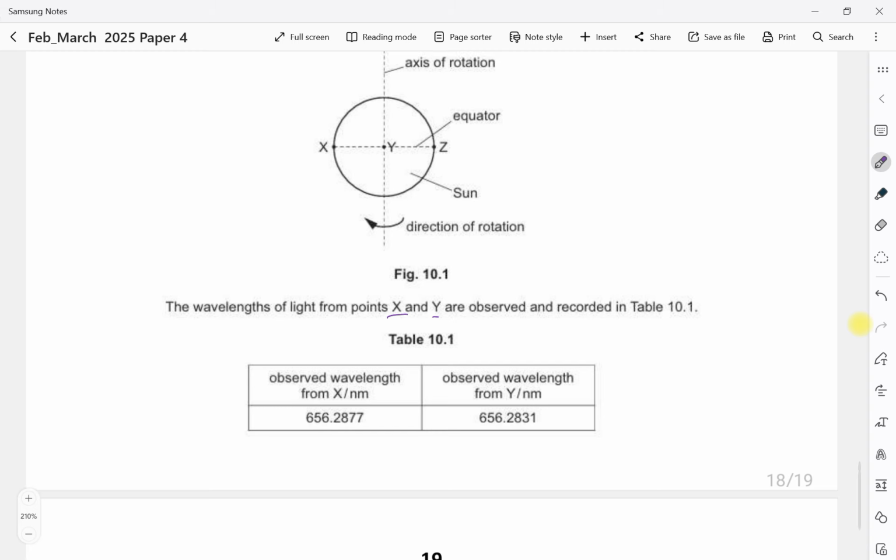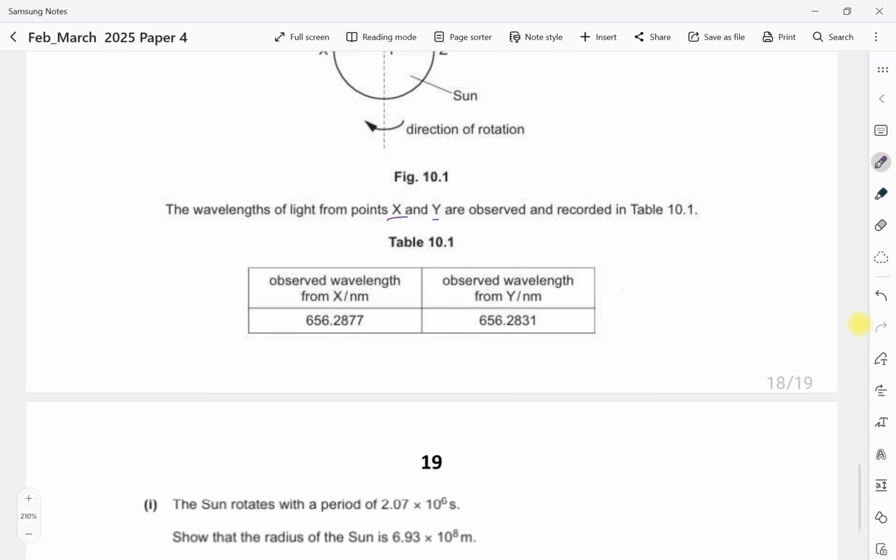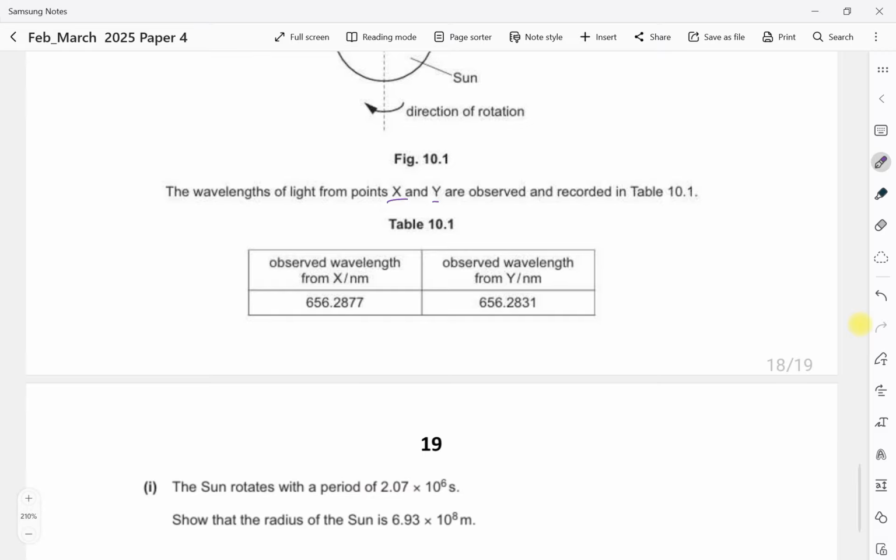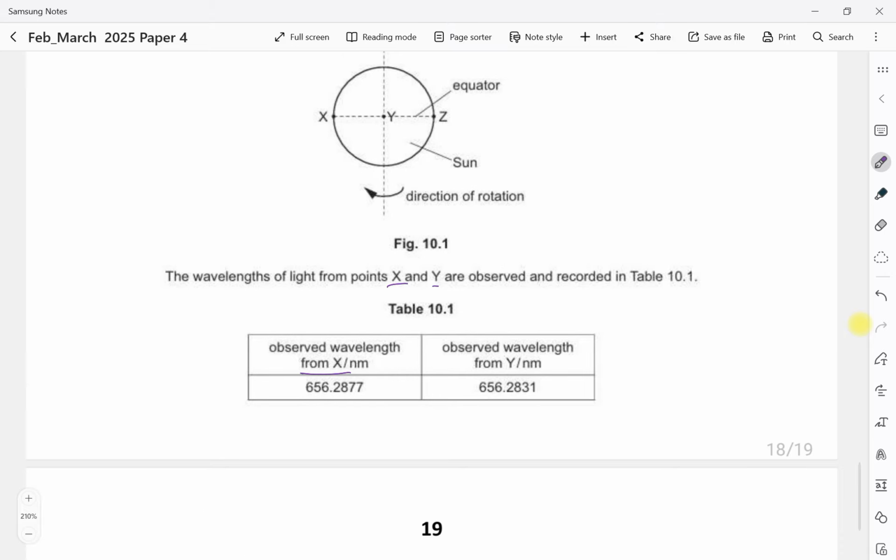So this is the equator of the sun, not the equator of the Earth. The observed wavelength from X is this one, and the observed wavelength from Y is this one. So notice that the observed wavelength from X is greater than the observed wavelength from Y, and yet all the 3 points are on the equator of the sun.